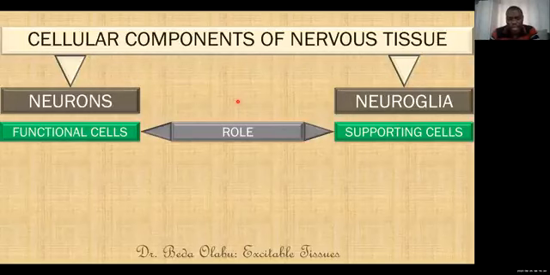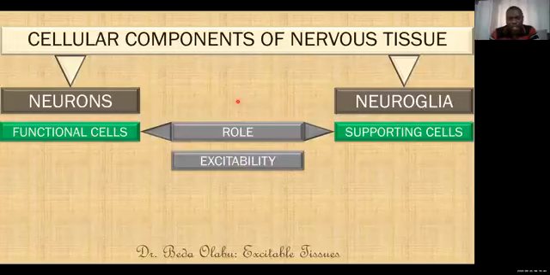Apart from their role, if you want to distinguish these two cell types, the other thing you can distinguish is their excitability. Now, we defined excitability as the ability of a cell to respond to a stimulus by generating an action potential, an electrical impulse.